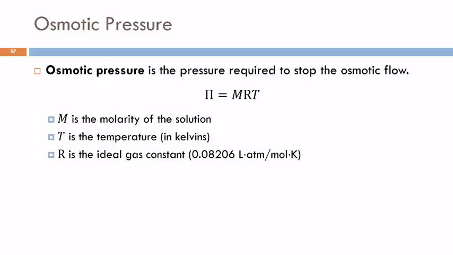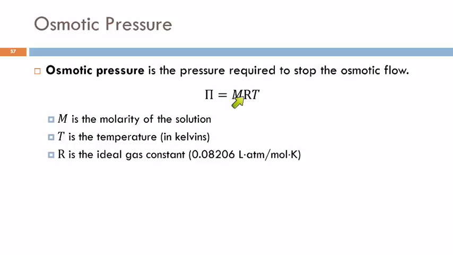Well, so osmotic pressure is the pressure required to stop osmosis from happening. And that's symbolized with the capital pi. And that equals MRT, where capital M is the molarity of the solution, R is the ideal gas constant. Here we're using our familiar one from our gas law days, 0.08206 liter atmospheres per mole Kelvin, and T is the temperature in Kelvin.